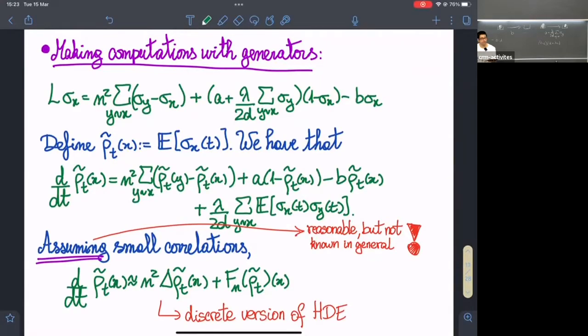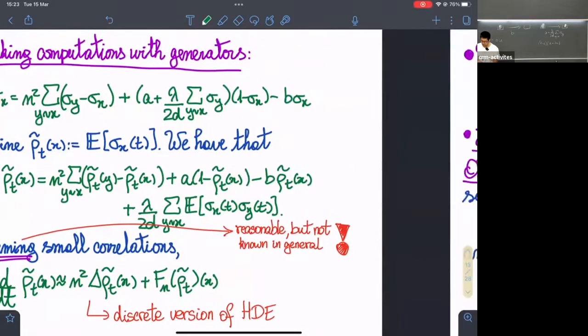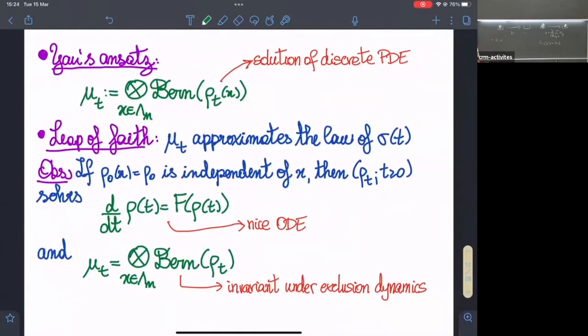So this small correlations property is true, but for general reaction-diffusion models, for example where the diffusion mechanism is nonlinear, this is really not known. It has been proven in some situations, but there is no general theorem that tells you it's actually true.